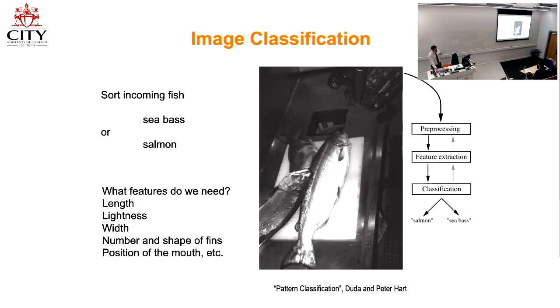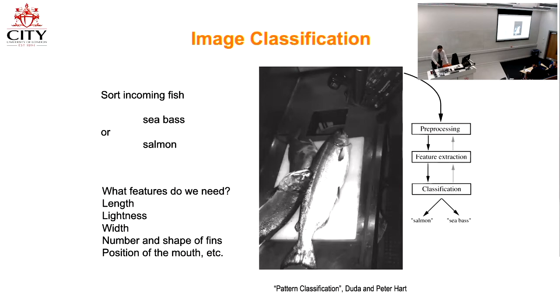So you want to find features that let you differentiate between sea bass and salmon. You don't want to use the actual image. If you have features that you can extract from the image, create a feature vector, and then find a line between those, you have a much easier job.